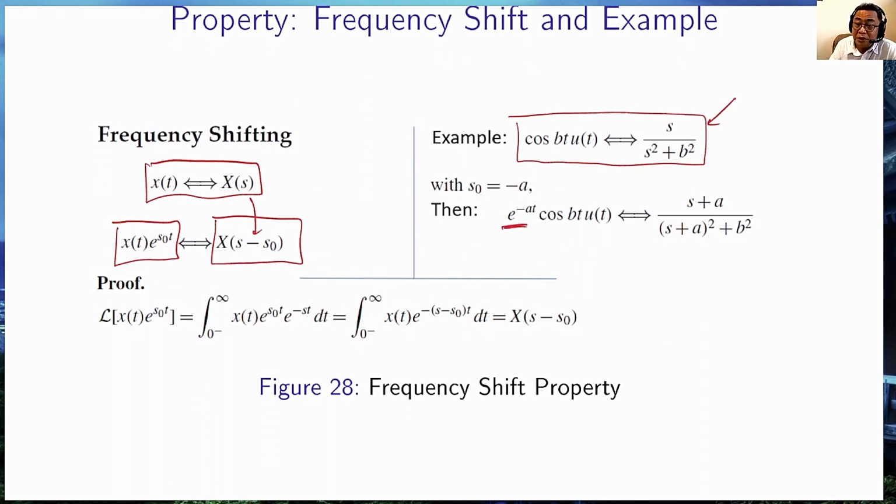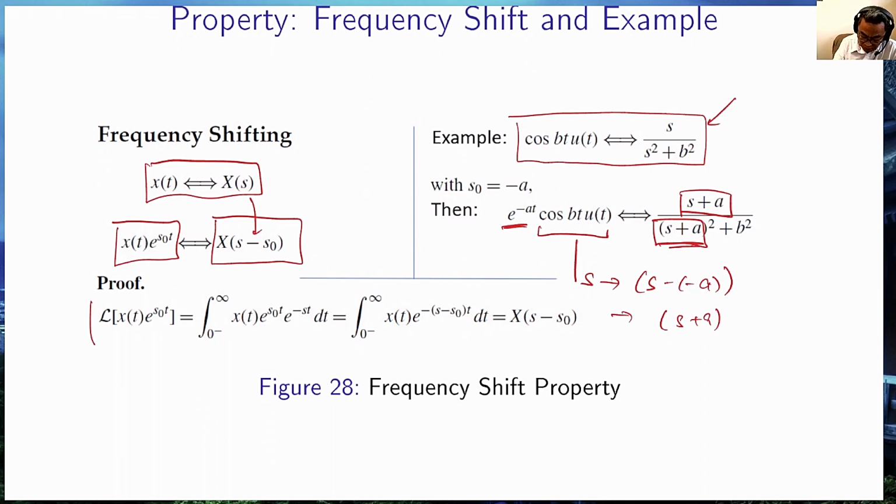When we introduce e to the minus at multiplying the expression, all the s will become s minus (minus a), which implies it will be replaced by s plus a.